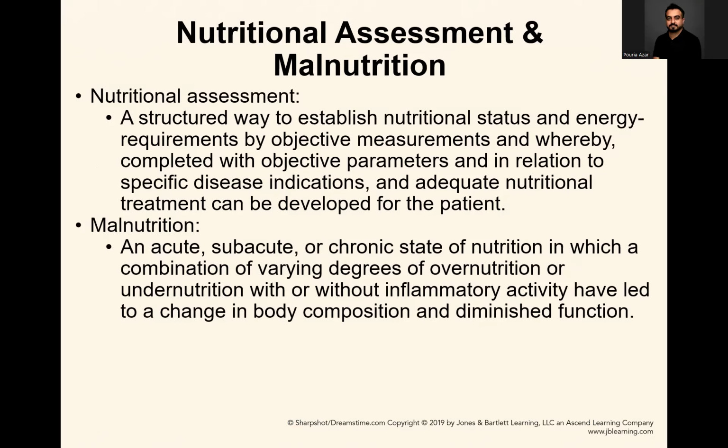Subacute is a phase between acute and chronic condition. Malnutrition is a wide spectrum from undernutrition to overnutrition, with or without inflammatory activity, which results in a substantial change in body composition and diminished function measured by, for example, hand grip strength.